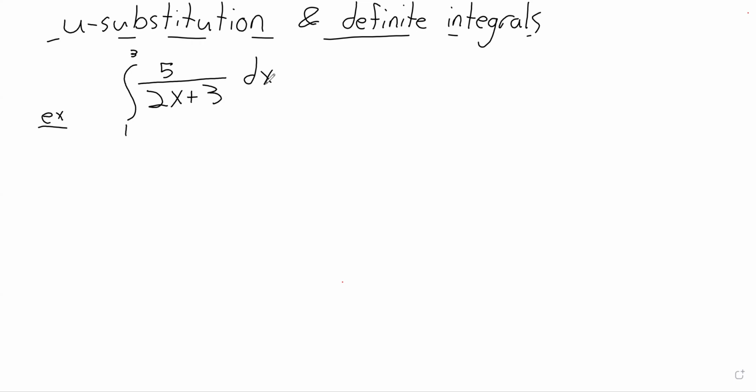There's no obvious composition going on here, but we talked about this type of example at the end of day Monday. We talked about how you can try letting U be the denominator of the fraction.